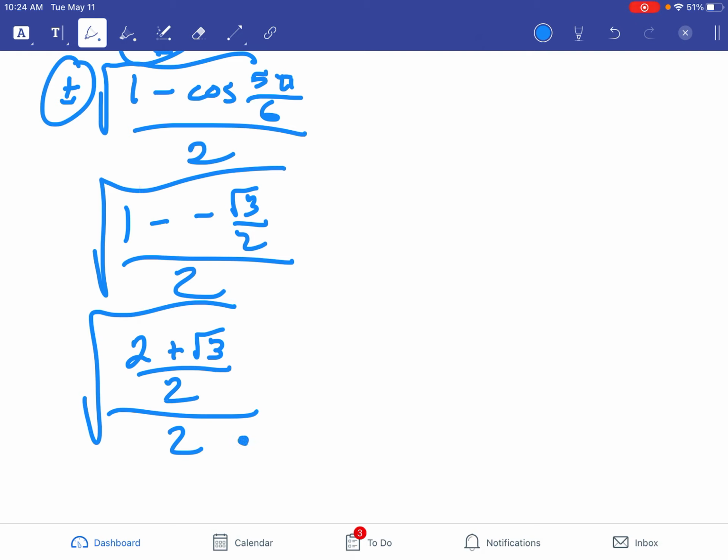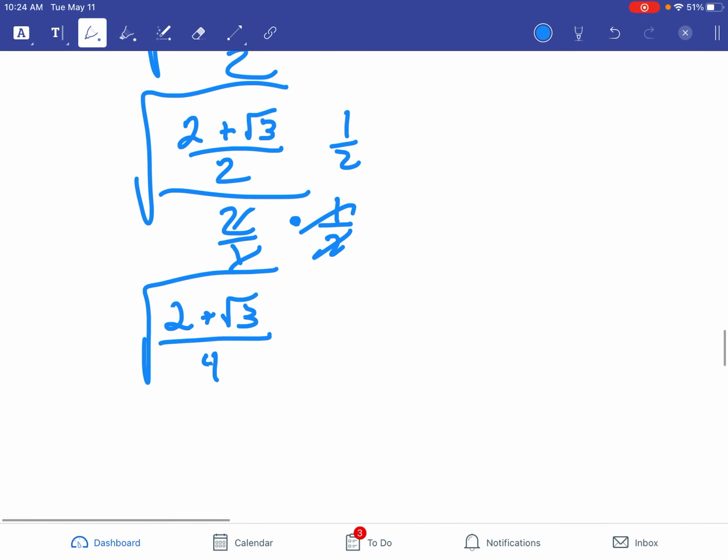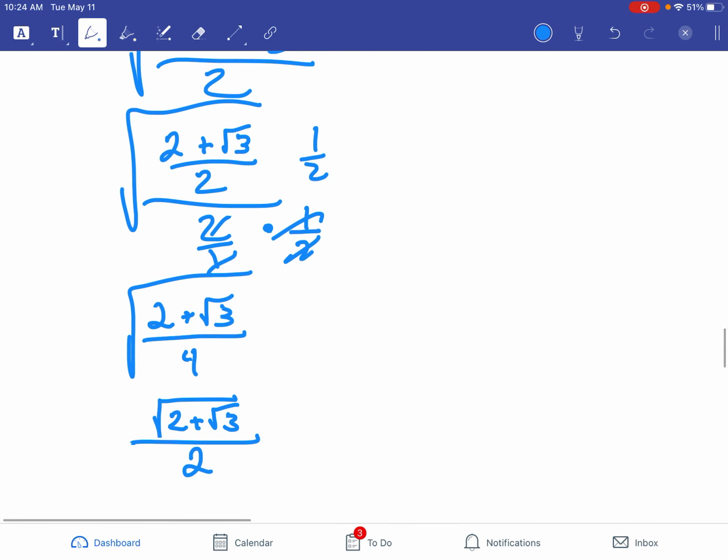With our complex fraction, we multiply by the reciprocal, 2 over 1, on the top and the bottom. So we get 2 plus root 3 times 1 is 2 plus root 3, and 2 times 2 is 4, with the big square root. The square root of 4 is just 2, so we have 2 plus root 3 over 2. Now we're done mathematically with the problem.